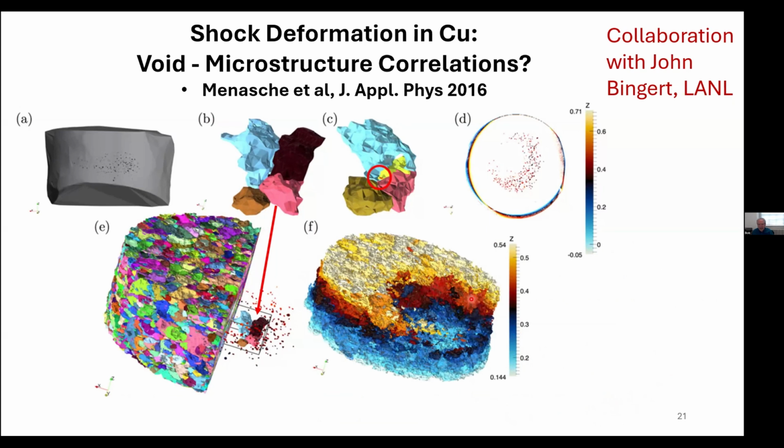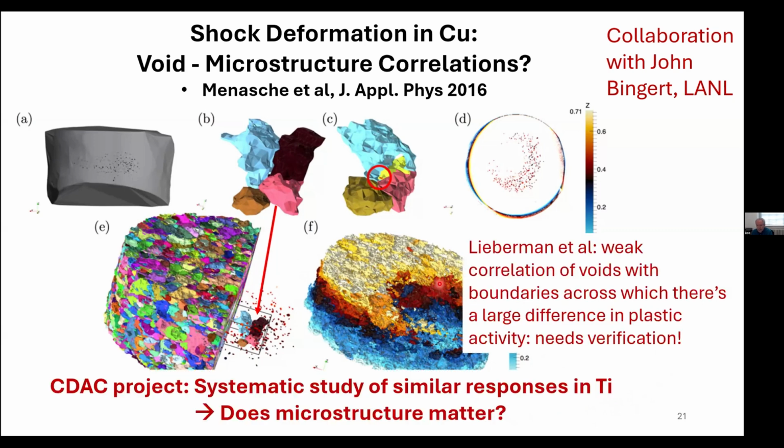This region didn't get reconstructed in the deformed state because of the large plastic deformation. So my hope is that titanium will be less severely deformed, and will therefore allow us to do a more complete reconstruction after we shock deform it.